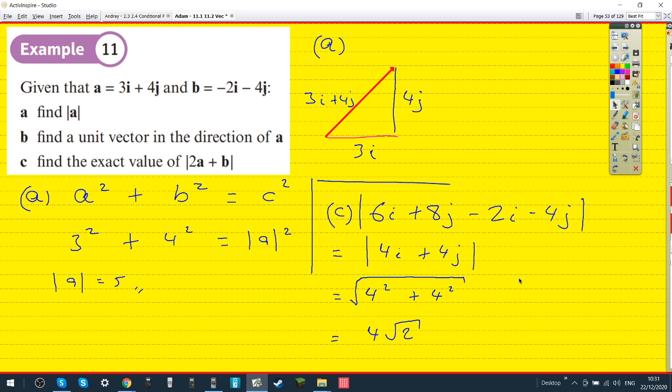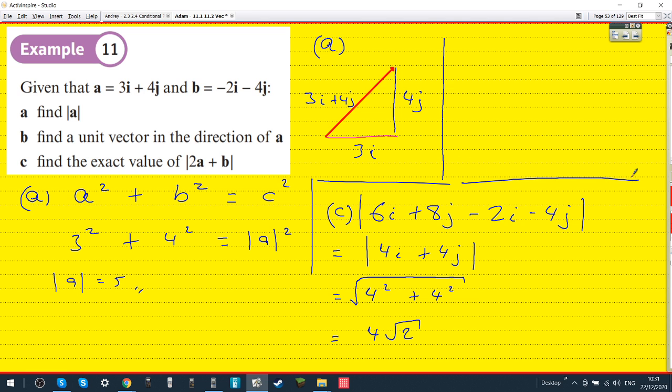Let's see if we can figure this thing out. Part B. Find a unit vector in the direction of A. It's basically A over the magnitude of A. So what is A? 3i plus 4j.